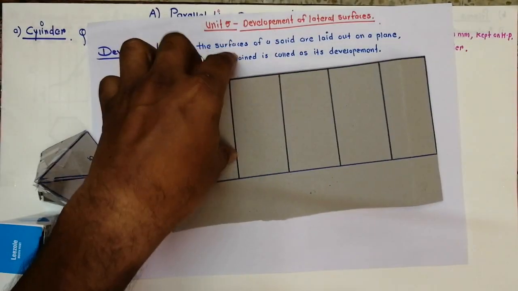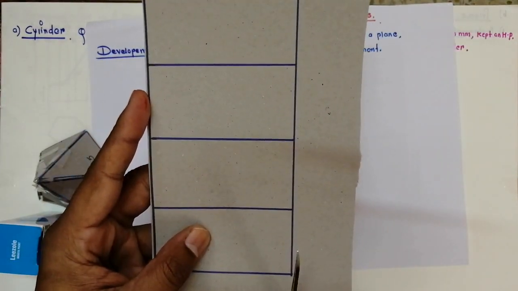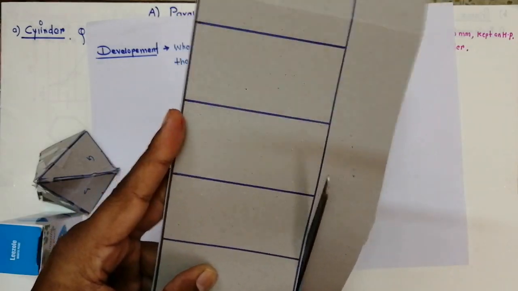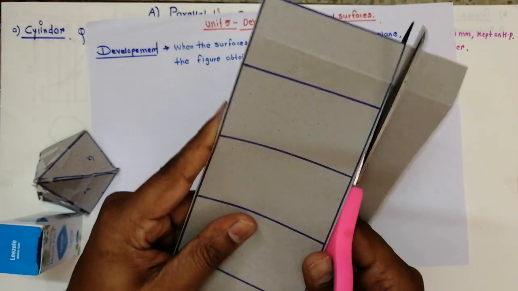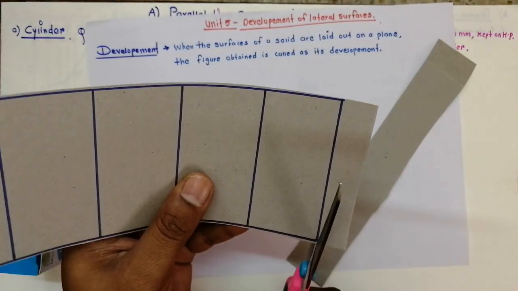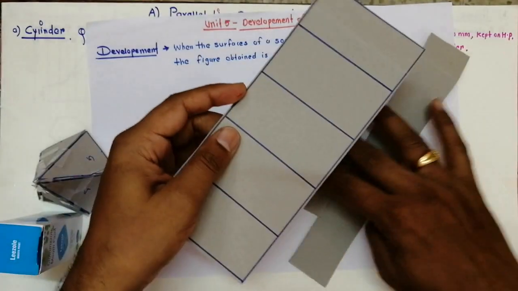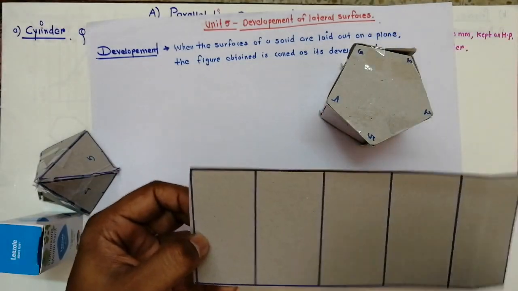So now we get the development for this pentagonal prism. If I cut this, this is the development of lateral surfaces for this pentagonal prism.